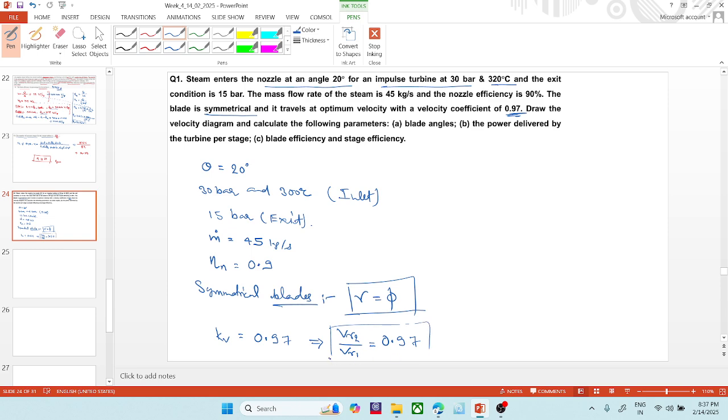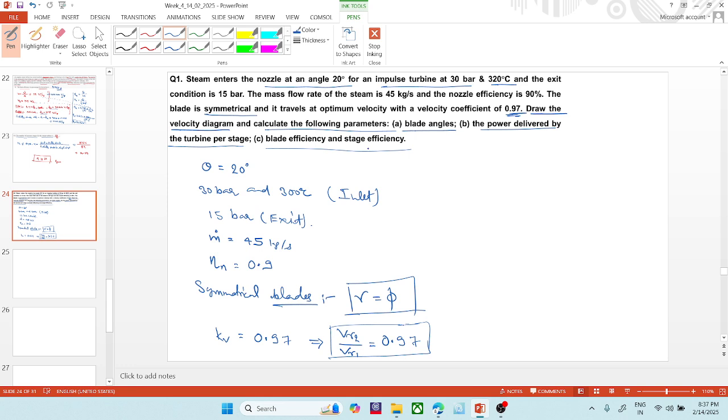All these things they have provided to us. So what they have asked for, they have asked first to draw the velocity diagrams and calculate the following parameters: the blade angles, the power delivered by the turbine per stage, and blade efficiency and the stage efficiency.